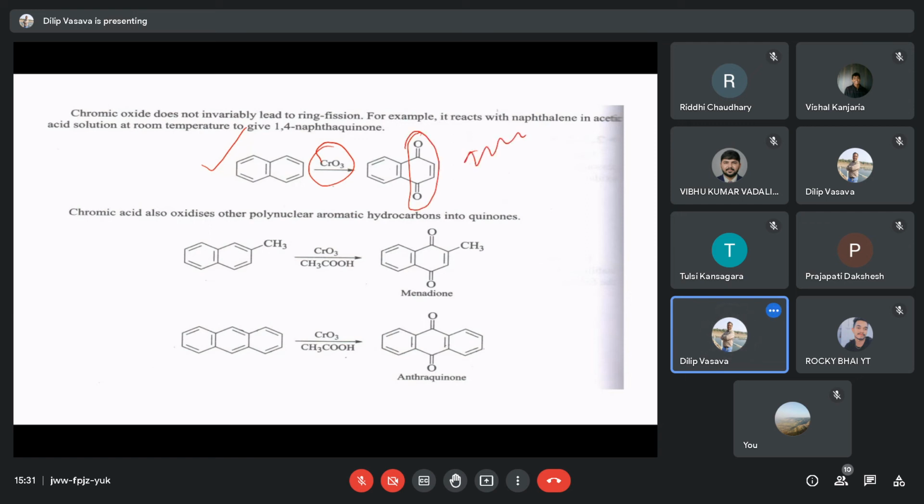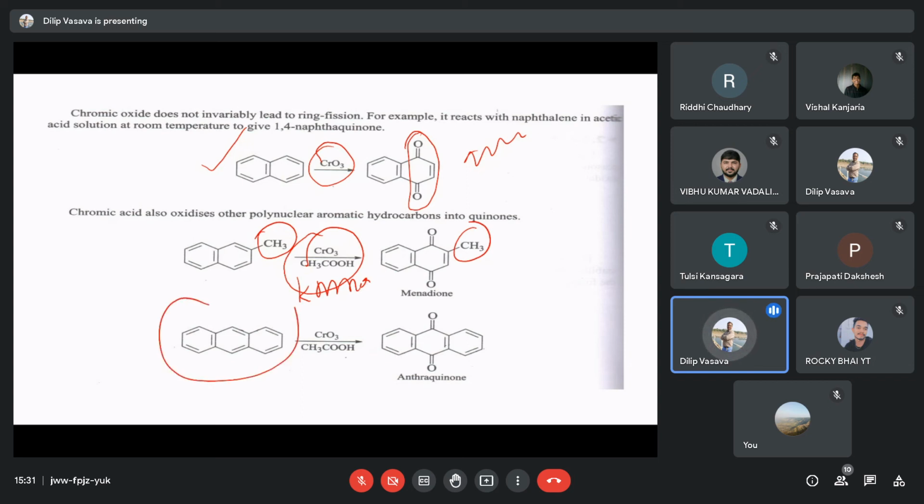But if you look, in the presence of chromium trioxide it gives the oxidized product, the quinone. Now, dear student, the side chain or alkyl group can also be oxidized, but in the presence of chromium trioxide it oxidizes the ring, not the side chain or any alkyl chain. If you utilize KMnO4 in place of this, then the alkyl can be oxidized.